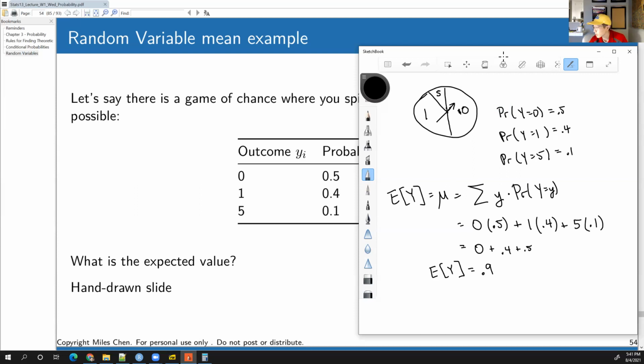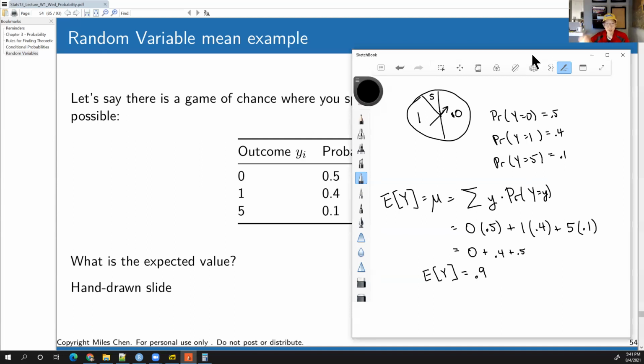And so what this means is that if you play this little carnival game where you spin the wheel, or you spin the arrow, or whatever it is, and if you were to do this a bajillion times, the average of your winnings is going to be around 90 cents, okay, 0.9.